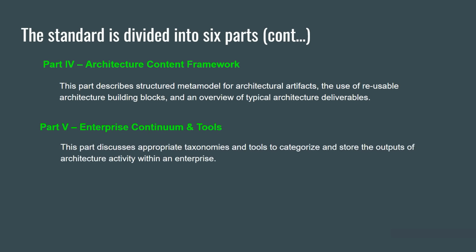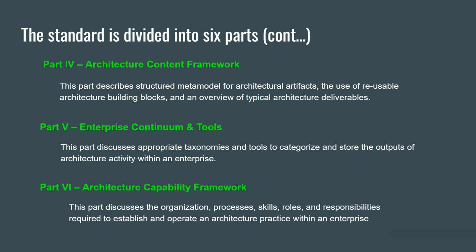Part 5 is the enterprise continuum and tools, mainly a set of taxonomies and tools to categorize and store the outputs of the architecture activity within an enterprise while we use ADM and this standard.